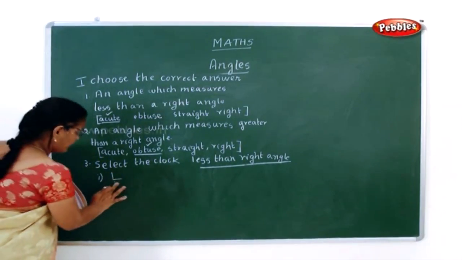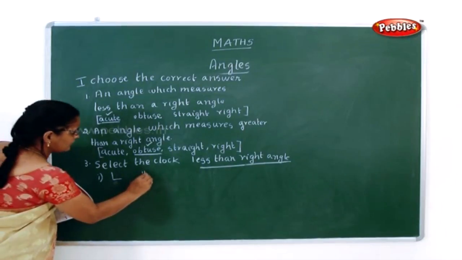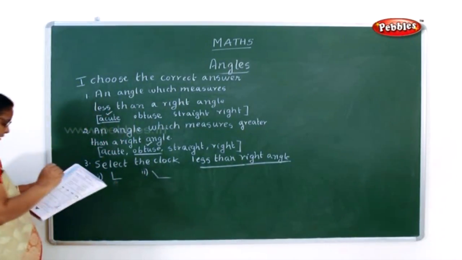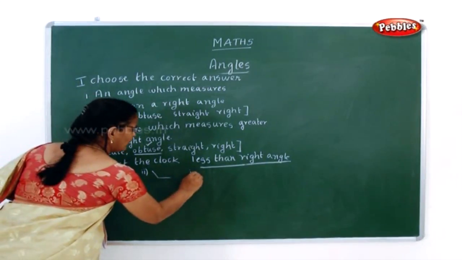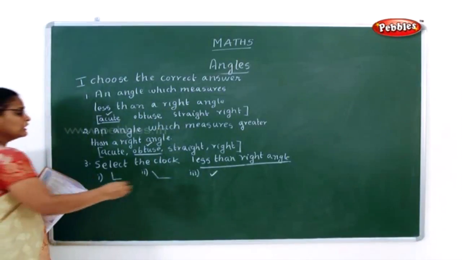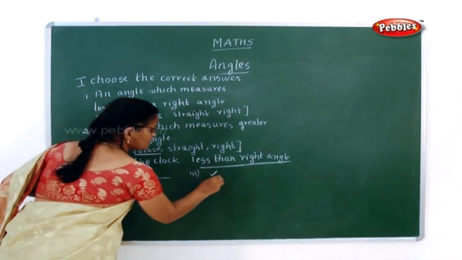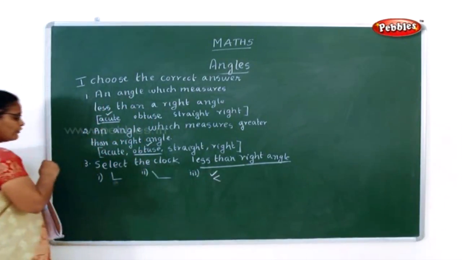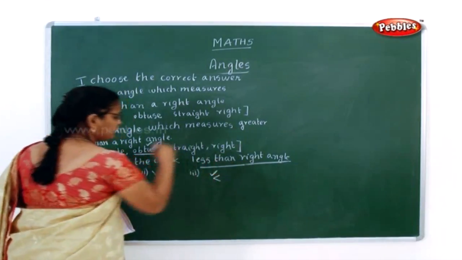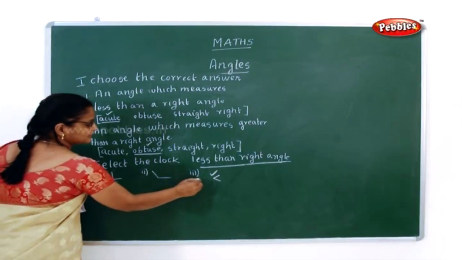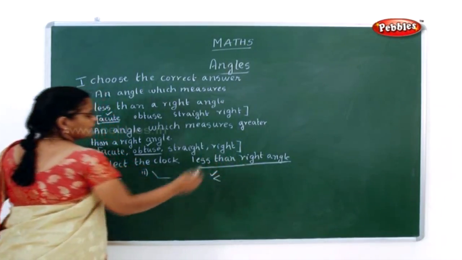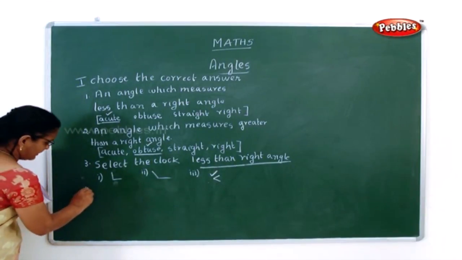Now the second figure, what is the shape? It is obtuse. So this is also not less than the right angle. See, the third one is your answer. You have to select this clock because it shows the V shape. So this clock is the clock which shows less than the right angle.